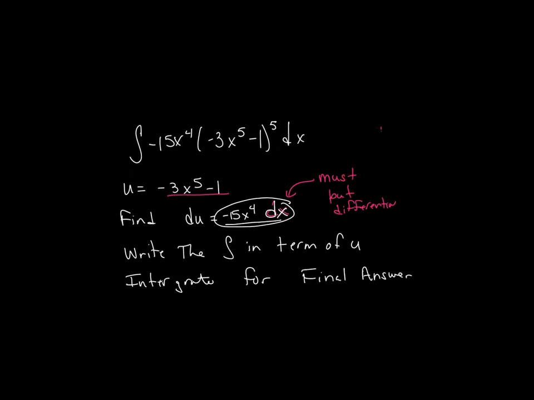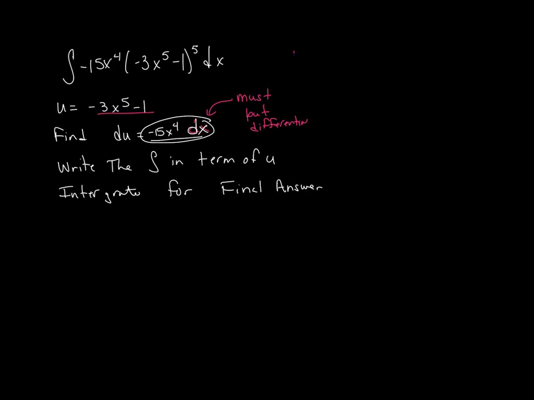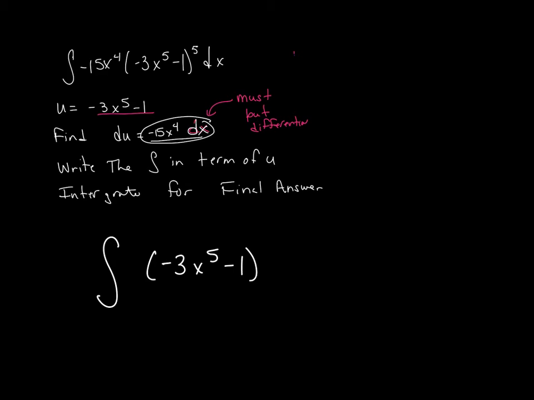Now, I'm going to make this a little bit smaller, stick that up here. The next thing I told you we have to do is write the integral in terms of u, right? In order to write this integral in terms of u, I'm going to rewrite this with my inside piece first, that 3x to the 5th minus 1 to the 5.